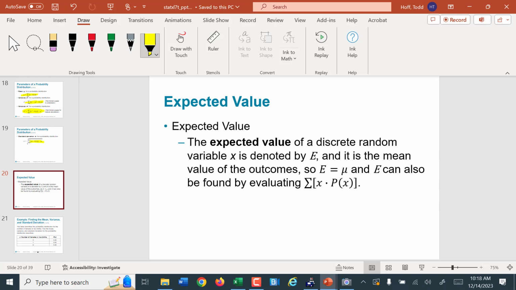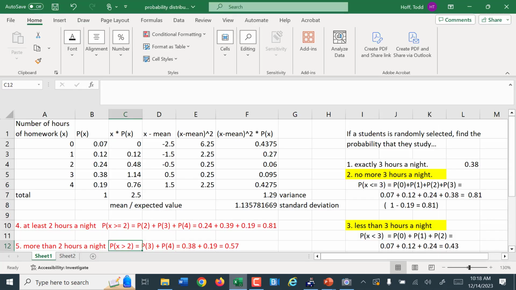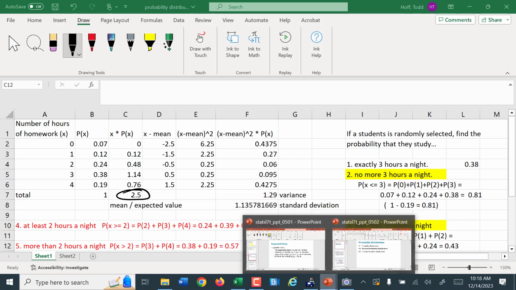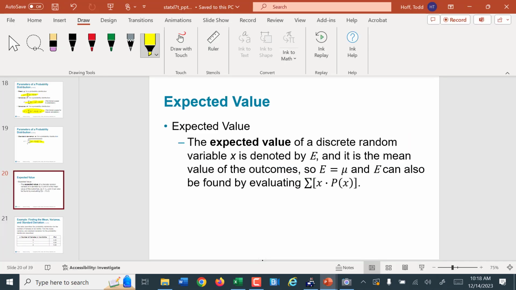So if we surveyed students over and over again, the mean number of hours studied by those students we surveyed should be 2.5 or really close to it, depending on the size of our sample. The bigger the sample, the closer we would get to that 2.5.